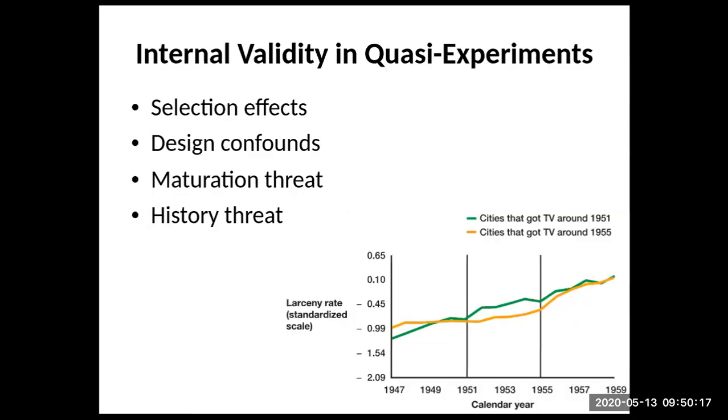Were there other issues in the 1950s at that time that might have accounted for people stealing stuff? Was there a recession where people couldn't afford things? Was there a lot of unemployment where people didn't have jobs in these different cities, right? The most likely internal validity threat, in my opinion, on historical data would be history, right? It's not going to be attrition. It's not going to be regression to the mean or anything like that.